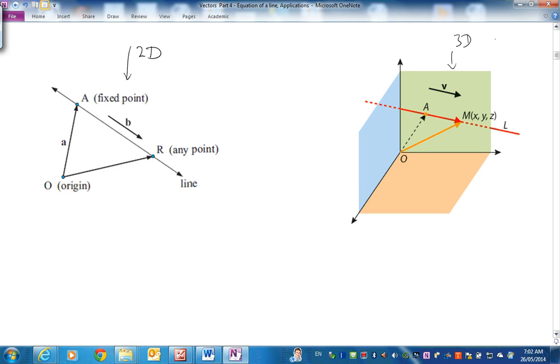Let's have a look at the 2D case to start with. What we're trying to describe is the rule that point R must obey if it's to lie on this particular line. And the particular line here is through A and with a direction of vector B.